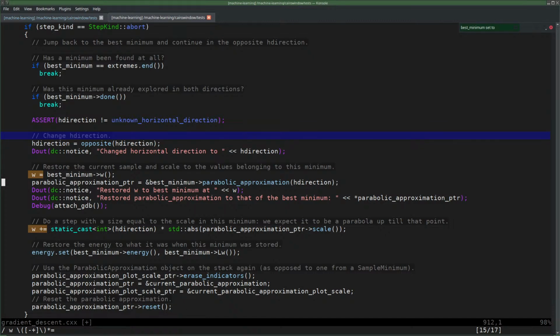This switches the parabolic approximation pointer away from the stack. I think it was on the stack anyway. To the one stored in this minimum.